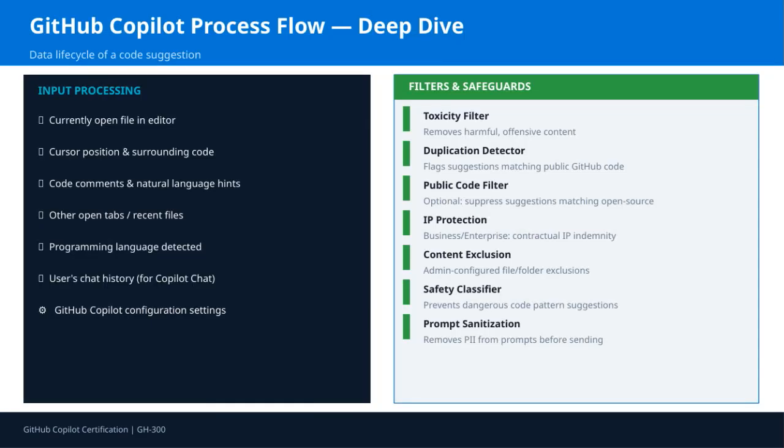Here we take a deep dive into the GitHub Copilot process flow, focusing on the data lifecycle of a code suggestion. It all begins with the input processing stage. Copilot gathers several key pieces of information: the file currently open in your editor, where your cursor is positioned, and the surrounding code context.